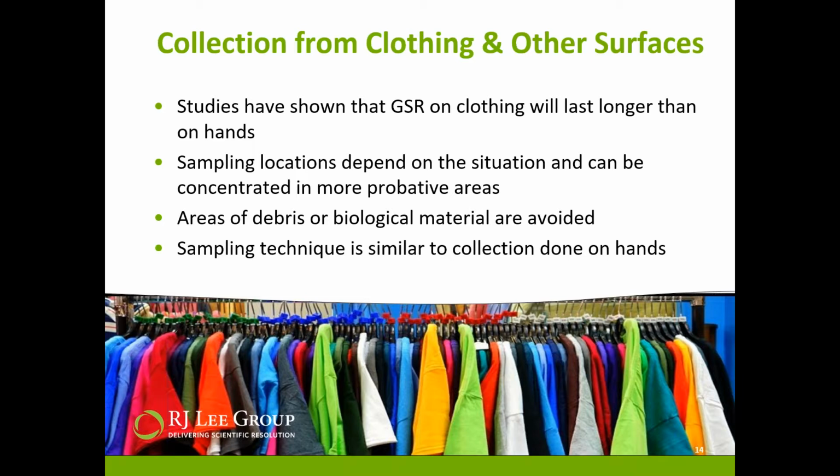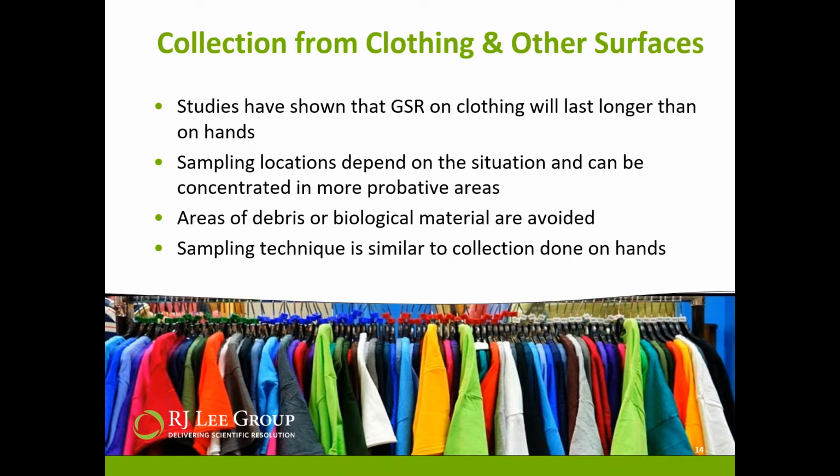Now, whenever you are collecting from clothing, you want to be sure to avoid areas of heavy debris or biological material, as gunshot residue there will likely be masked by that material anyway. So if there's an area that's particularly bloody or has a lot of debris, dirt or grass, anything like that, you kind of want to sample around that.